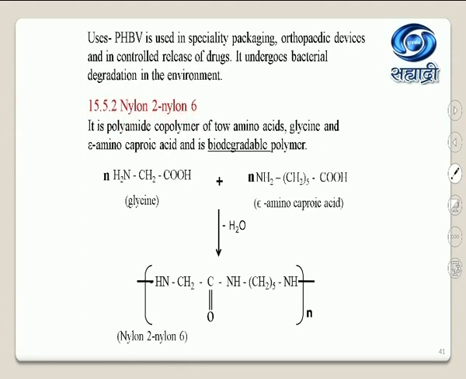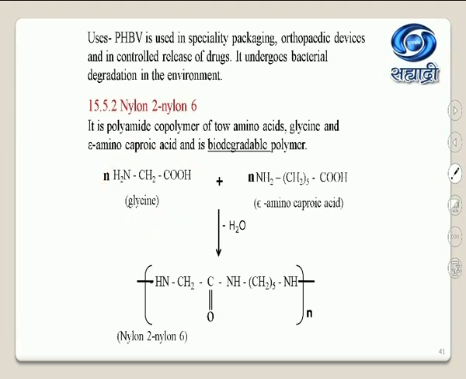It is also a biodegradable polymer and it is obtained from two monomers. Again, the first monomer is glycine and the second monomer is epsilon amino caproic acid. That means it is an alpha amino carboxylic acid.